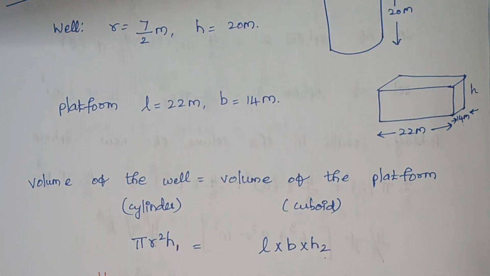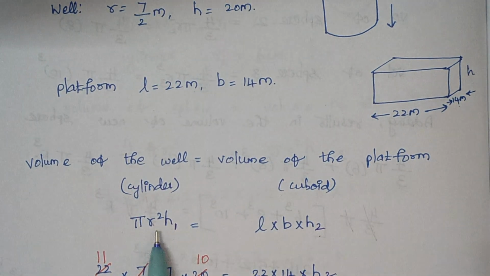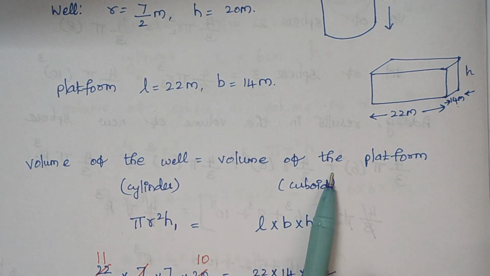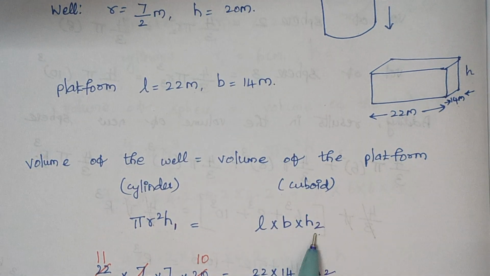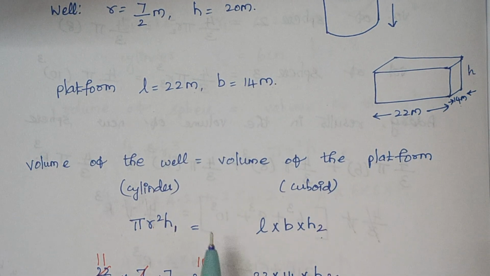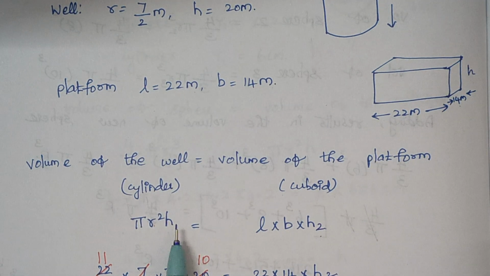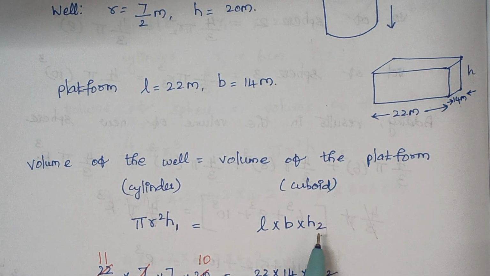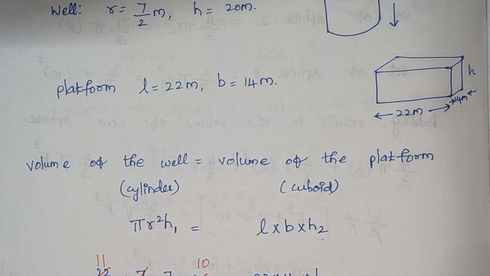So, what is the formula for cylinder? It is pi r square h and volume of cuboid is L into B into h. Since here we are having two heights, I am mentioning this one as h1 and this as h2. If you want, you can just write it clearly. Let h1 be the height of the cylinder and h2 be the height of the cuboid.